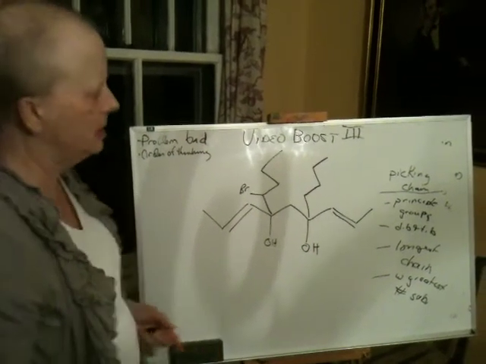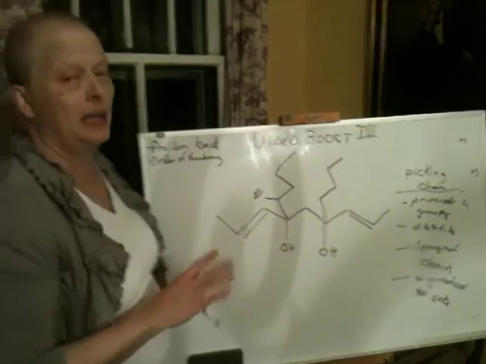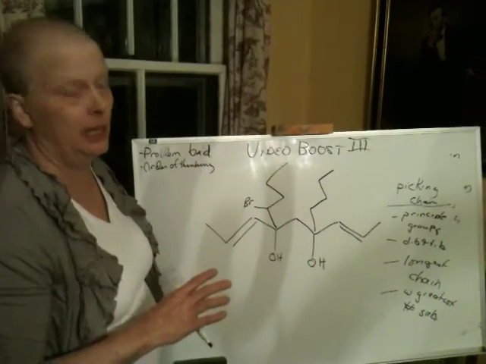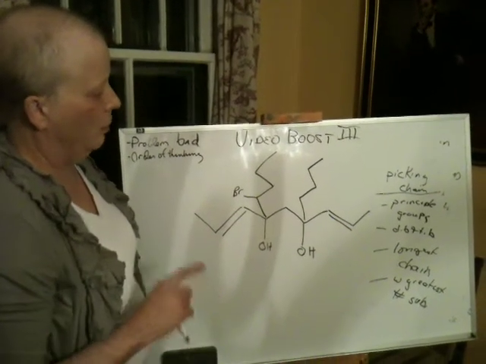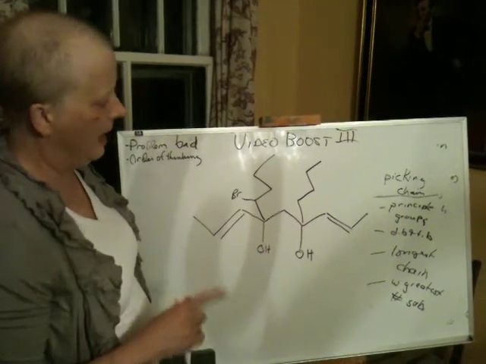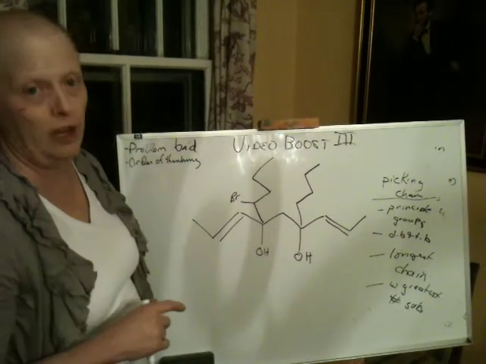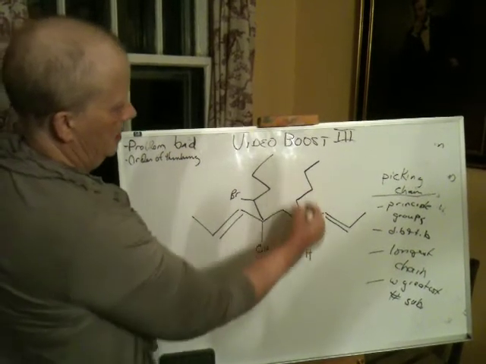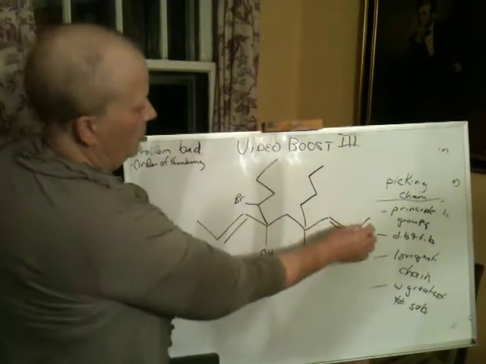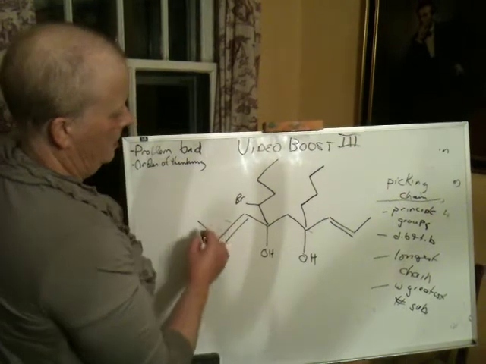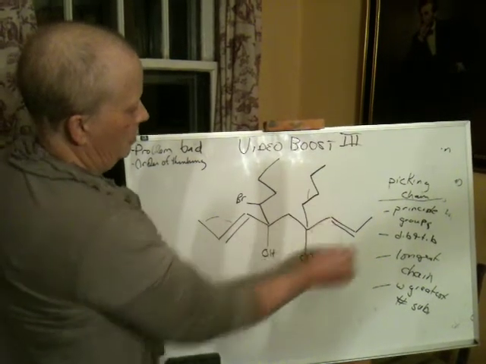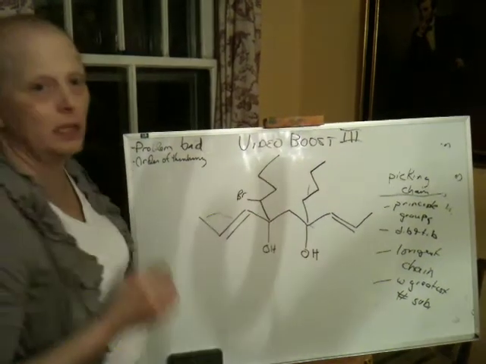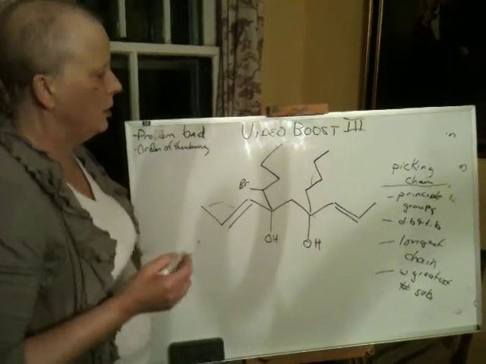So how would I apply this? In this problem, which is not inordinately complicated, you'd want to pick the chain with the 2 alcohols in it. Now, there are actually numerous chains with the alcohols in it. For example, you could pick this chain along here, or this one, or this one, or this one. So there's a number of chains there. Which one do you pick?